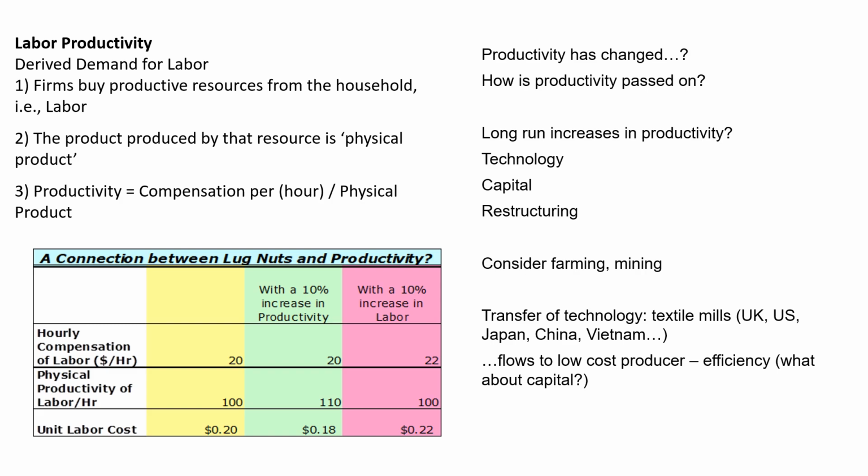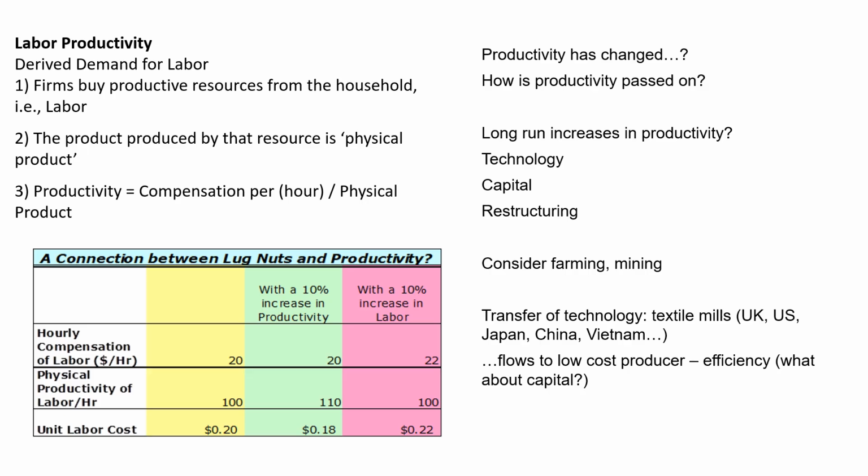So with $20 an hour, we're producing 100 lug nuts in that 1 hour, so the unit labor cost is 20 cents per lug nut.